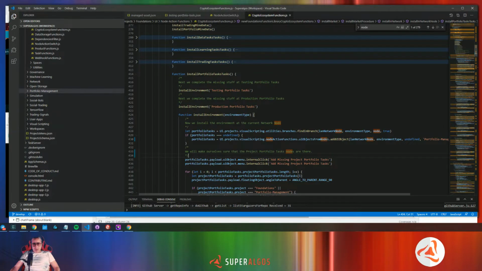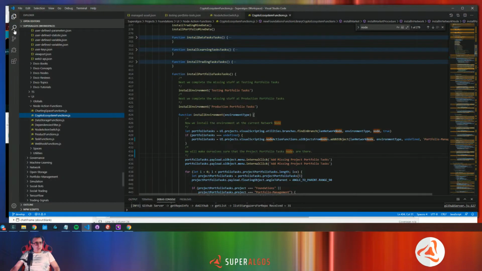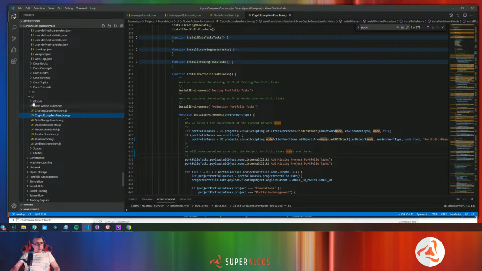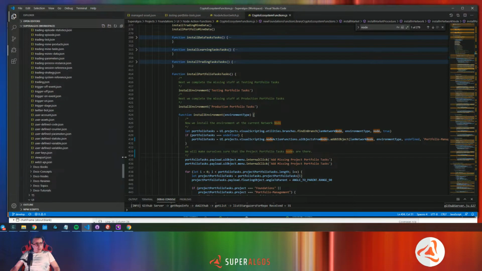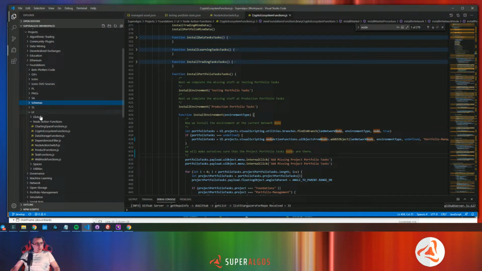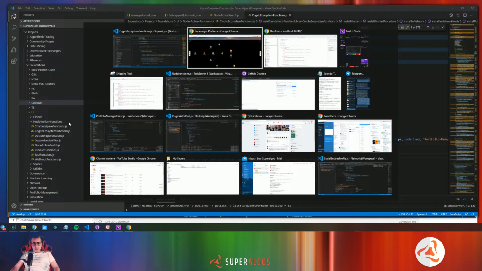Okay, so where are we here? Line 424 of crypto ecosystem functions. This crypto ecosystem functions is in foundations, UI, node action functions.